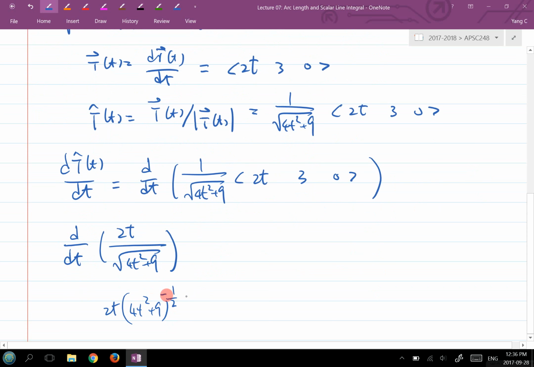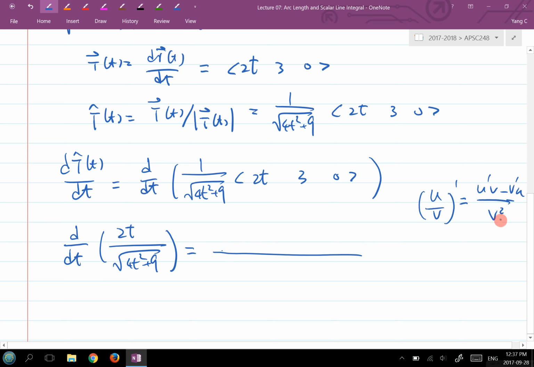But if you choose to use the quotient rule, as we said, the derivative of u over v equals u prime v minus v prime u, over v squared. You can easily get the result by substituting into this formula. So v squared is 4t squared plus 9, u prime is 2, times v, 4t squared plus 9, minus v prime times u. u is 2t.